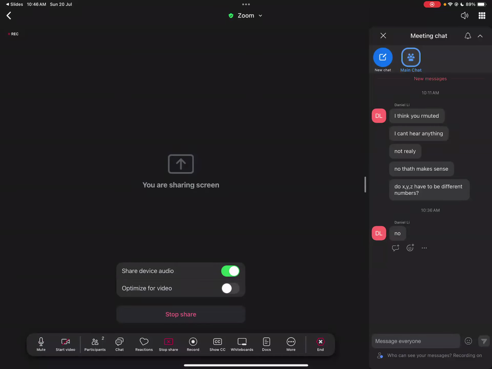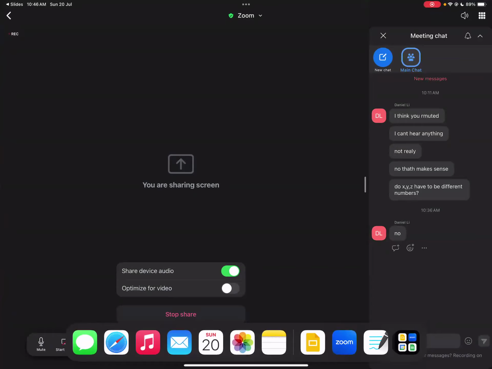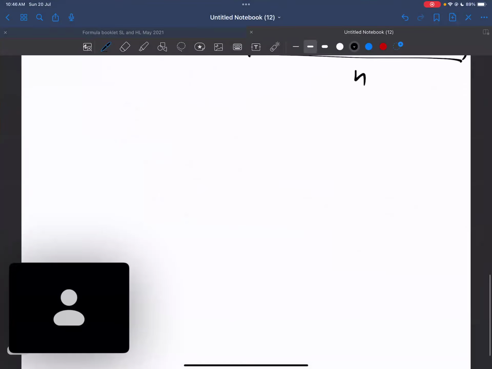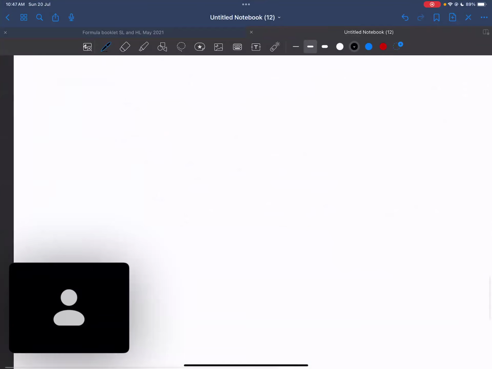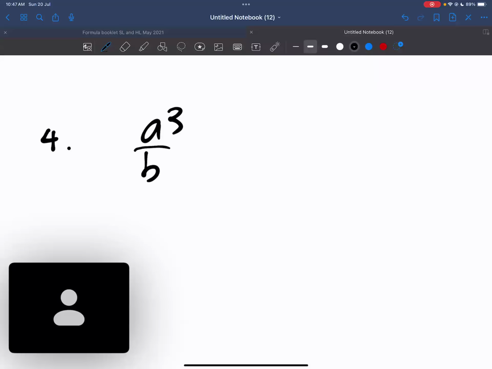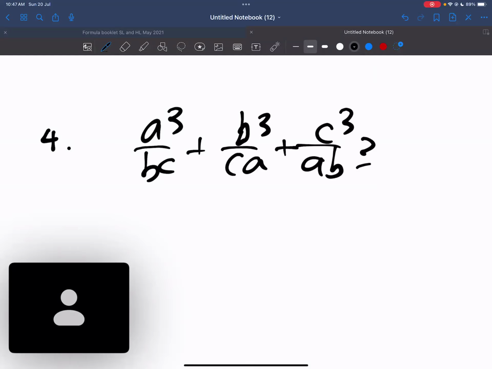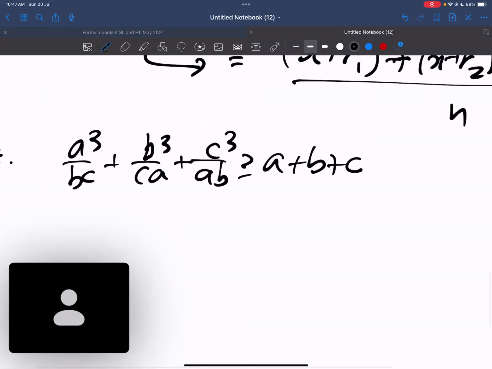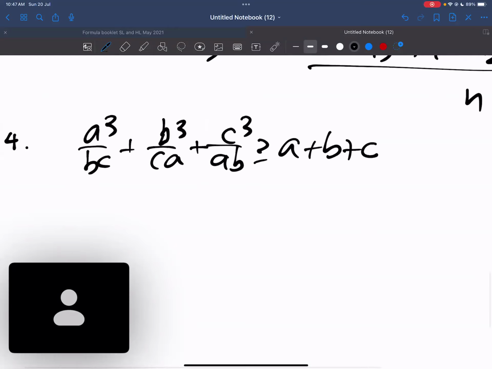Okay, let's try this one out. I think this one's a fair bit harder than the ones we were doing before. I think we also need to determine when equality holds.